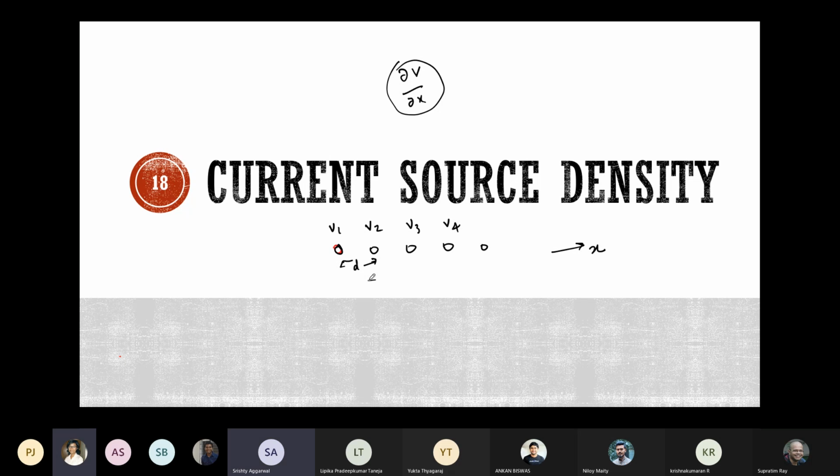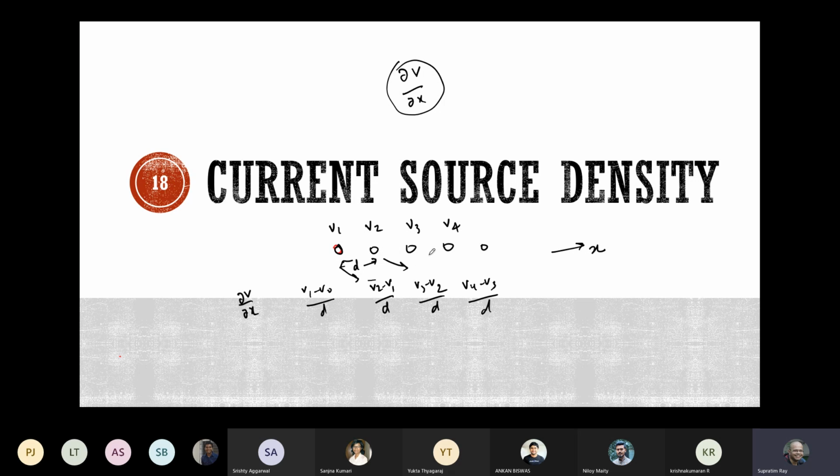V2 minus V1 by D. Very good. So one estimate here is just V2 minus V1 by D. This one would be V3 minus V2 by D, this would be V4 minus V3 by D, V1 minus V0 by D. So this is for this one, this is for this one, and so on.